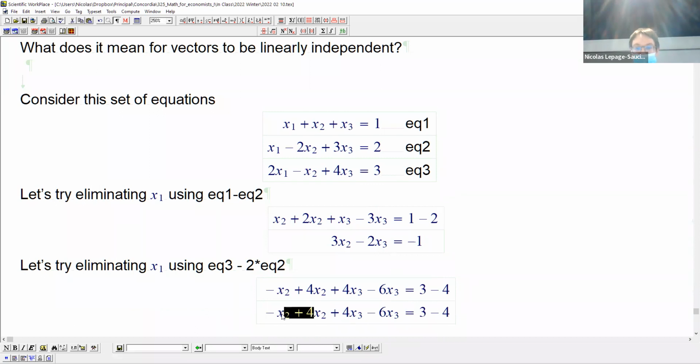So I get minus 2x2. And here, oh sorry, no, minus 3x2. And here, no, 3x2, sorry, minus 2x3, minus 4. All right, so what should I do next?